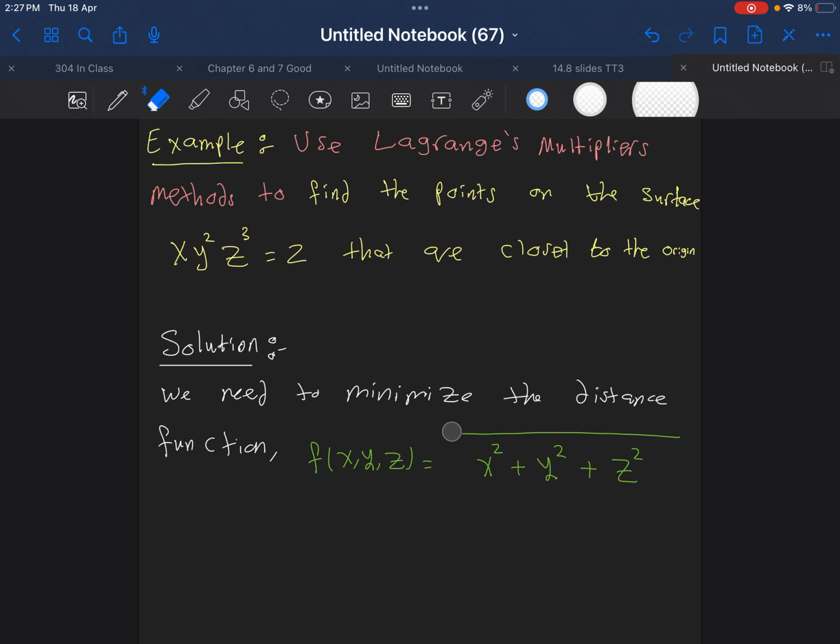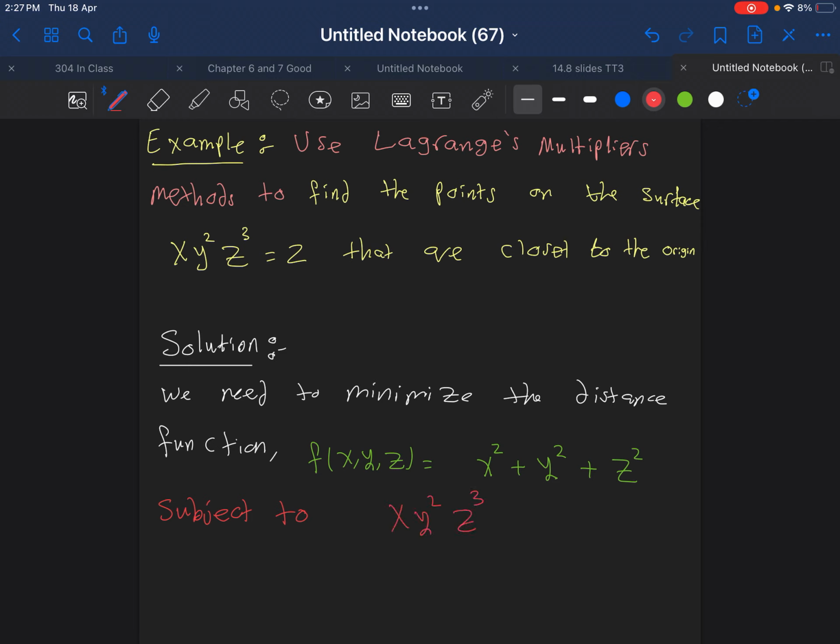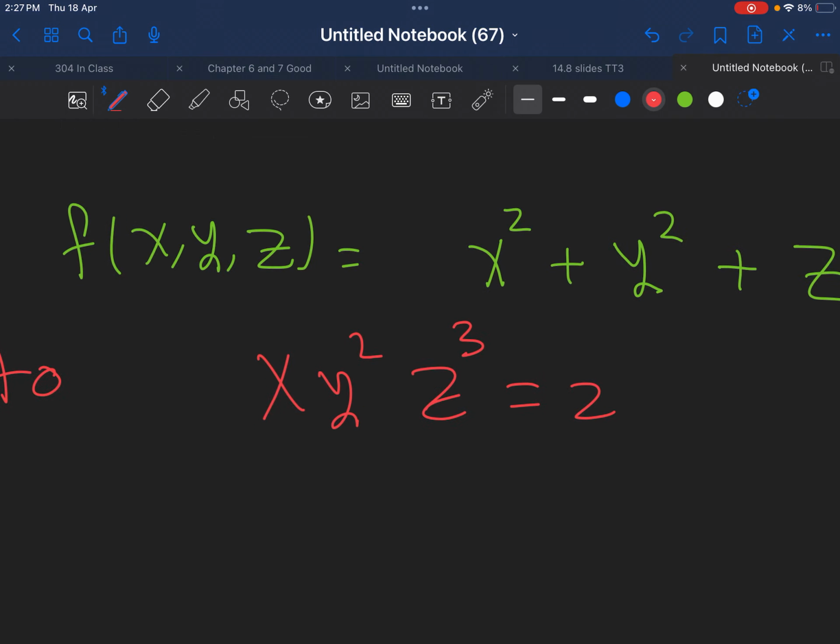So for now, it is safe to leave the square root for a minute, find the minimum without the square root, and whatever answer we find as a minimum distance, we will then take the square root. This is an increasing function, so the minimum for the function and for the square root of itself is the same. Of course, there is a condition that x, y, z satisfy this function, x y squared z cubed equals 2. We call this g of x, y, z.